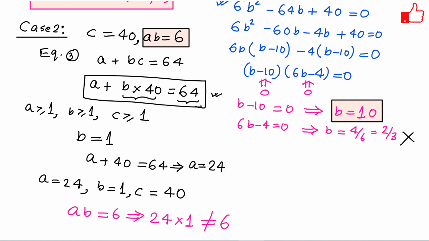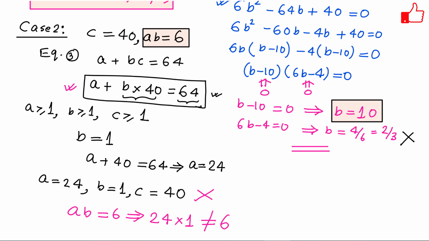This means this solution is not accepted. This is not a true solution. You can also solve the same thing by making this equation a quadratic in B or quadratic in A, and then similarly as we solved in the previous case, you can prove that in this case you don't have any solution.